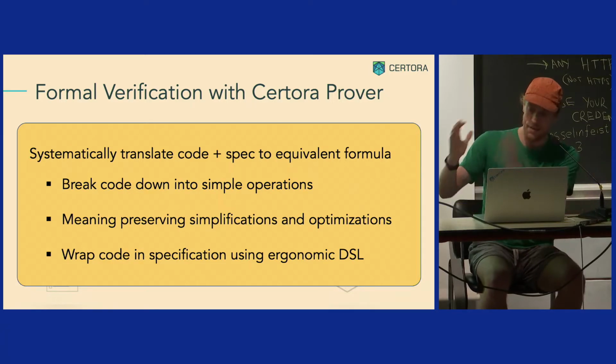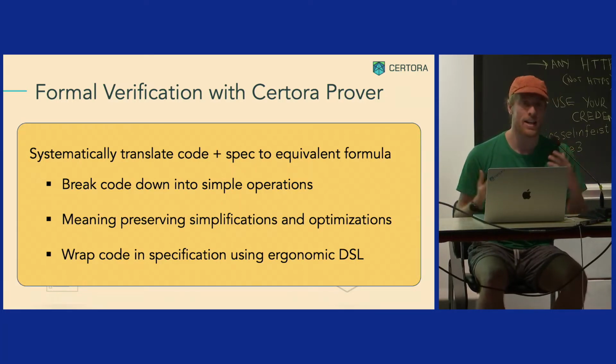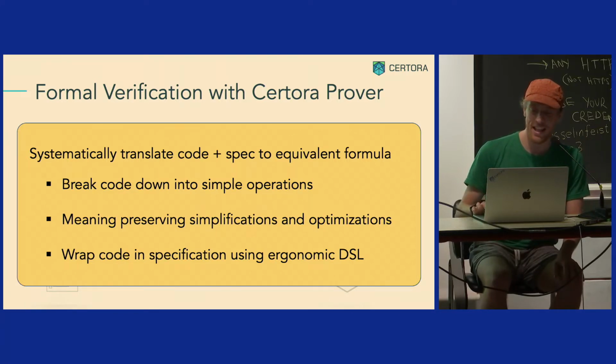And then once we have the programs, usually on the method level, broken down and simplified, we then wrap that with our specification, which you've seen, CVL. That's our ergonomic DSL, as we say.